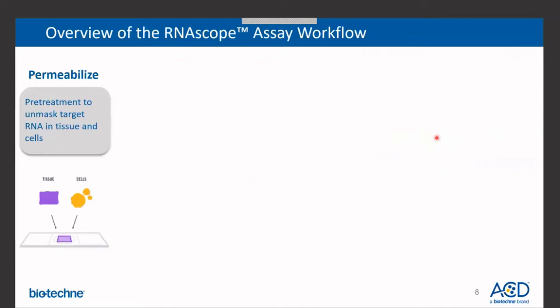An overview of the RNAscope workflow shows that the process is somewhat similar to traditional in situ. The assay starts with permeabilizing the sample with pretreatment reagents to unmask RNA in the sample and allow probes to hybridize to target RNA.